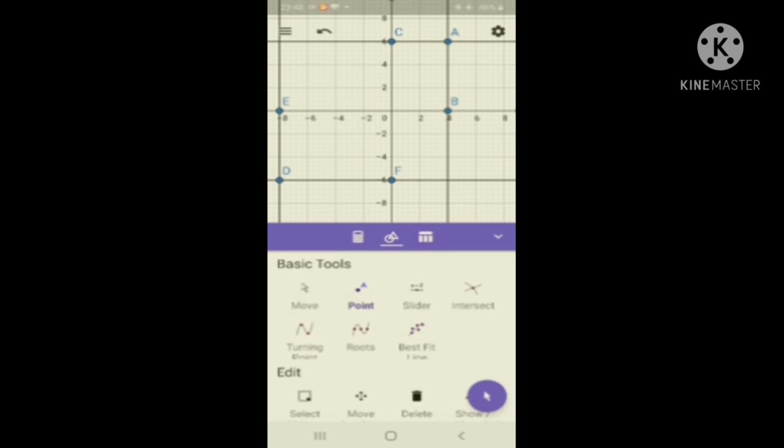Again, we show the point G. G is in the fourth quadrant. The point H is in the second quadrant. The point I is in the second quadrant.